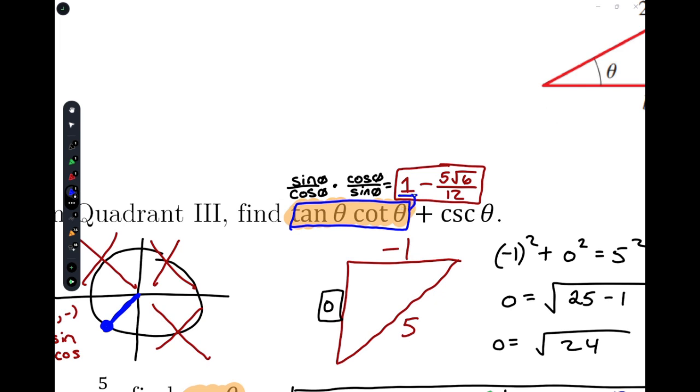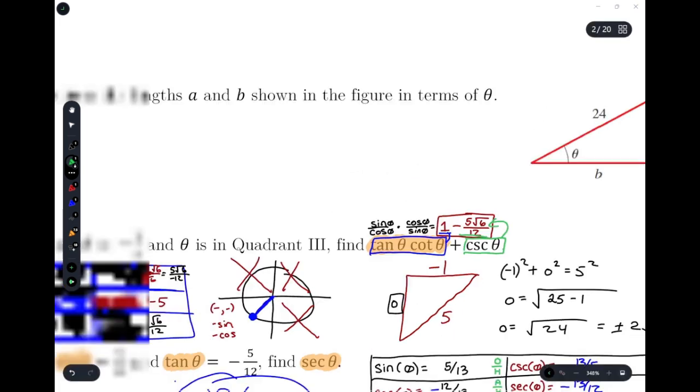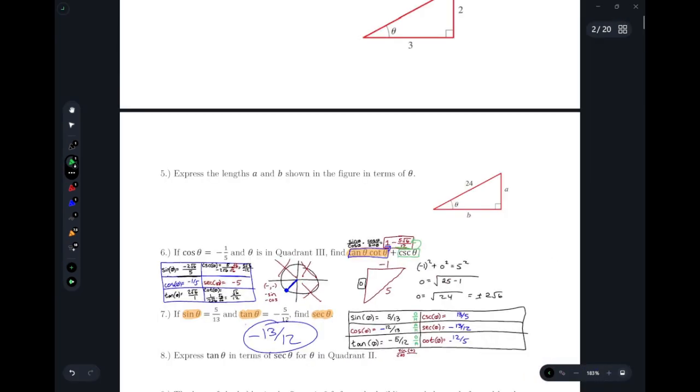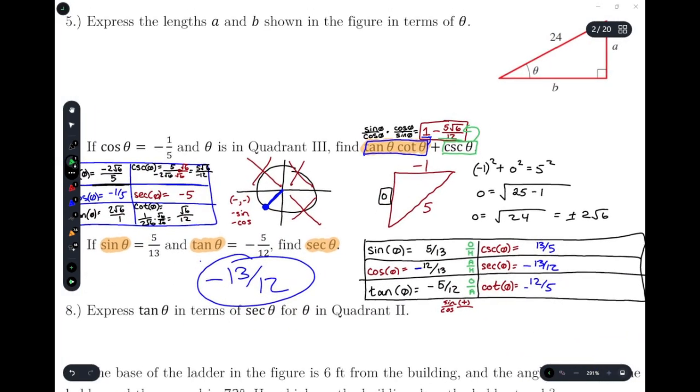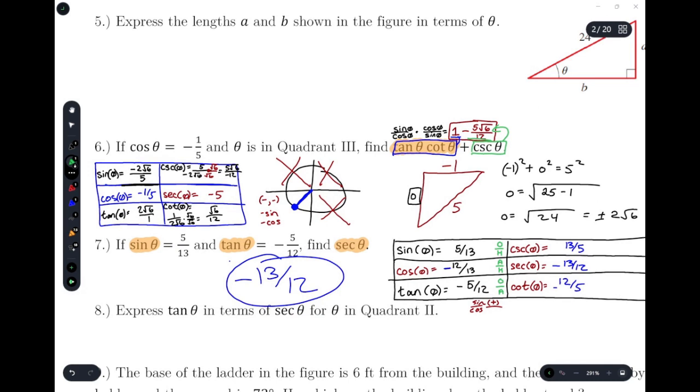Cosecant theta gave us that ugly thing. I know that was a long one. It didn't have to be, but we made it long because we tried to work in all these other topics.